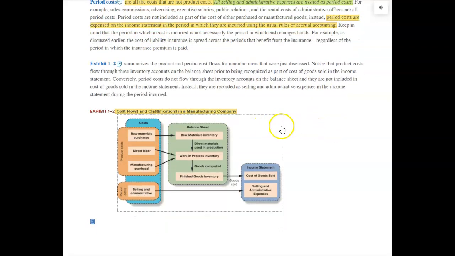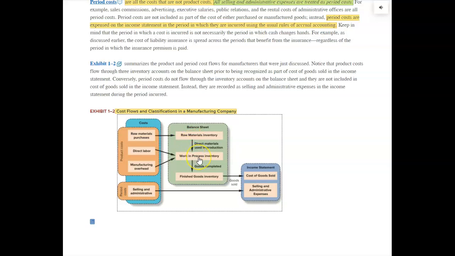Now, here's a chart. It shows what I've been talking about. When you purchase raw materials, the cost goes into the raw materials inventory account. Now this is a very good chart. The cost will sit there until the materials are used in production. Then the cost is transferred to the work in process inventory account in the accounting records.